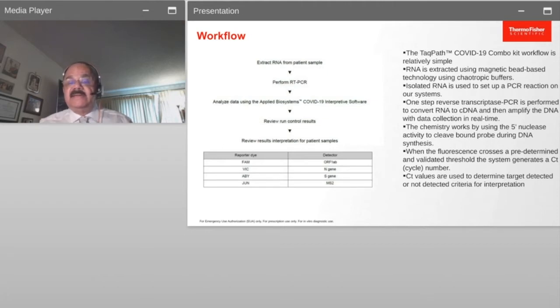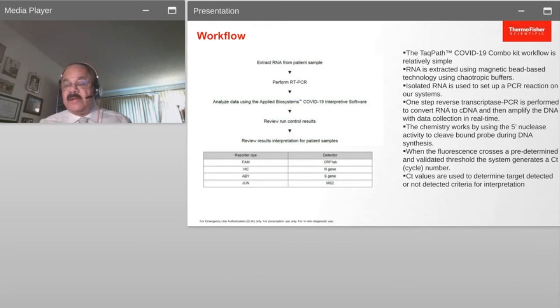The data is interpreted by the COVID-19 interpretive software, and then you get a review of the controls, and then after that you get a result that tells you which of these detectors is positive, and you get positive, negative results that are reported out.